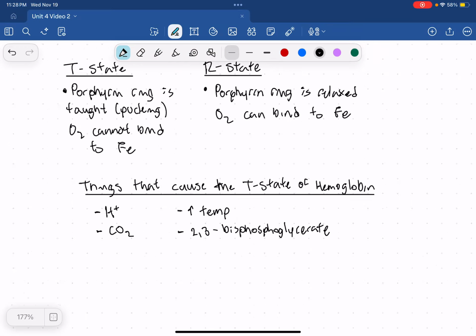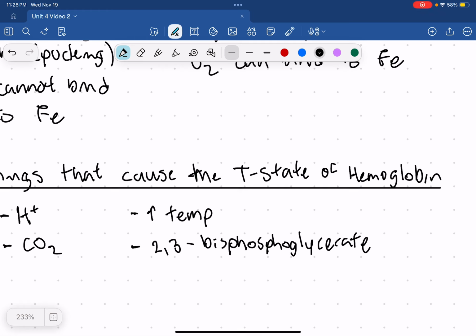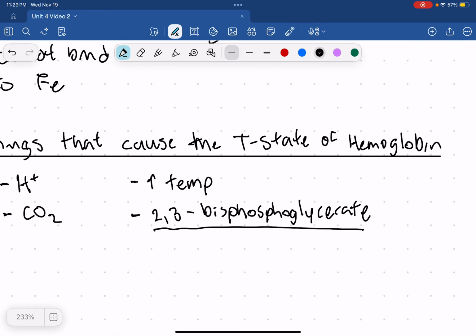So a way that 2,3-bisphosphoglycerate causes a T state of hemoglobin is this: it's a negatively charged molecule.